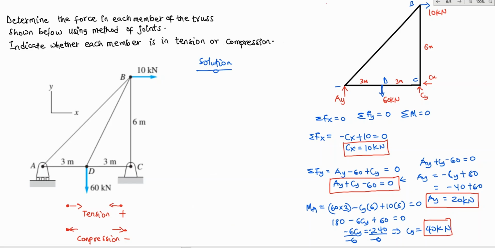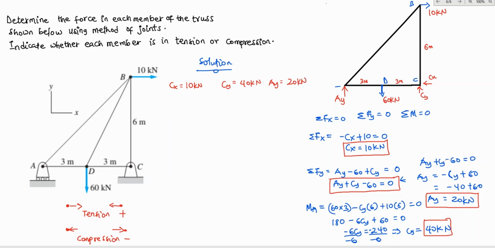Okay, so let me write the reaction forces that we found. We got Cx to be equal to 10 kilonewton, and then we got Cy to be equal to 40 kilonewton, and then we got Ay to be equal to 20 kilonewton.